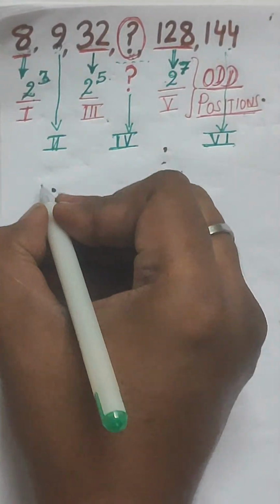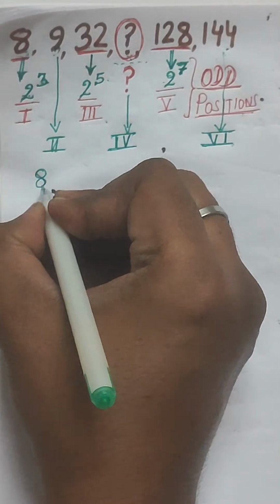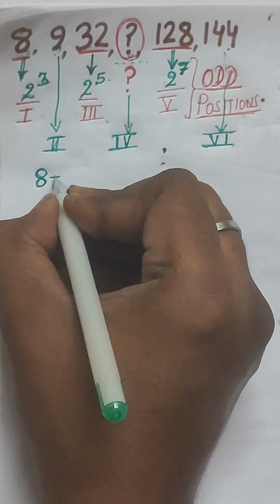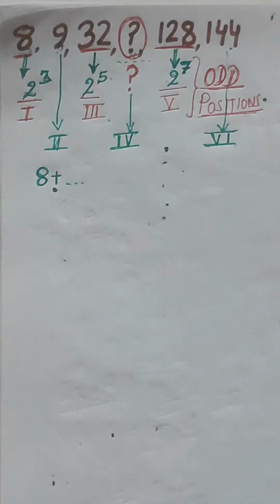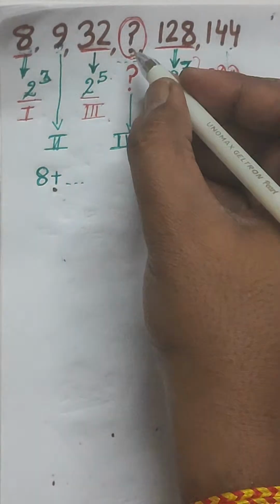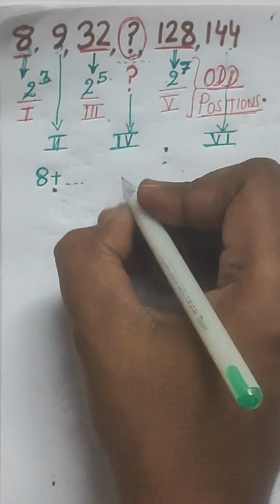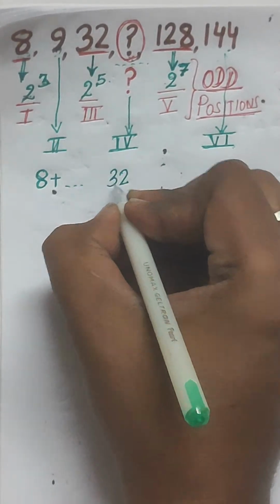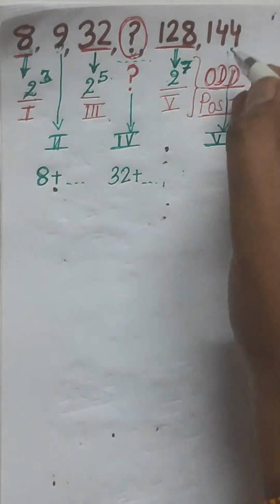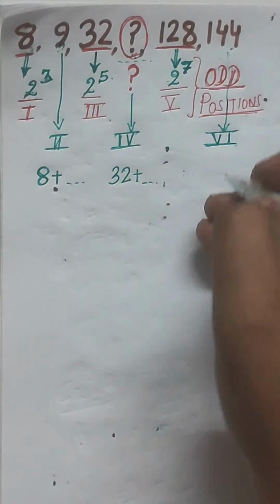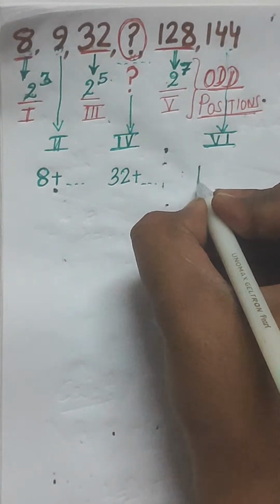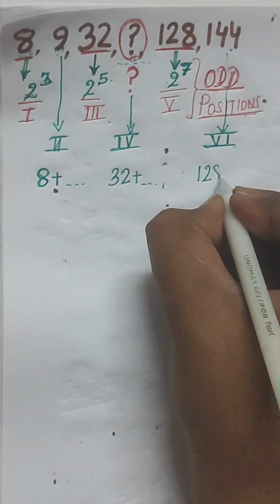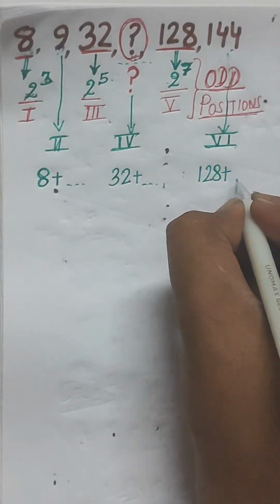So 9 can be written as 8, its predecessor, plus something. And here the question mark is 32 plus something. Then 144 on the sixth position can be written as 128 plus something.